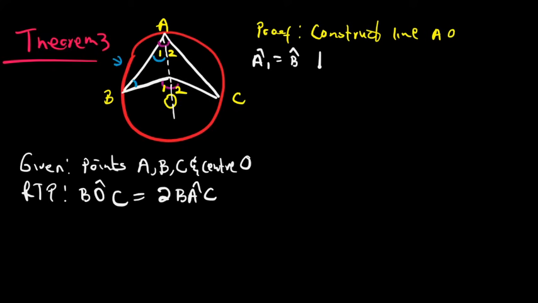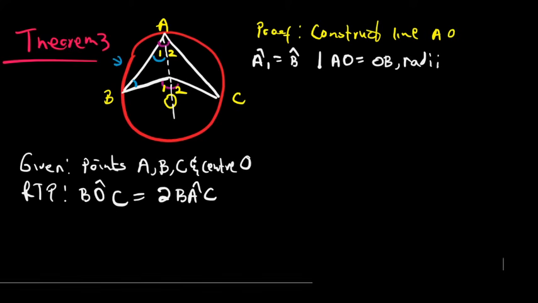The reason for that is that our AO is equal to our OB, which is the radius. If you check clearly, this side here and this side here are actually equal. They are the radius of the circle, so therefore it will give you equal base angles. So that's the first thing you're going to identify.